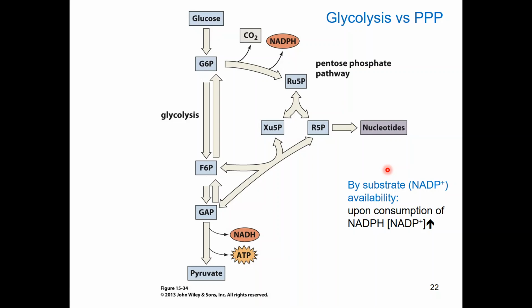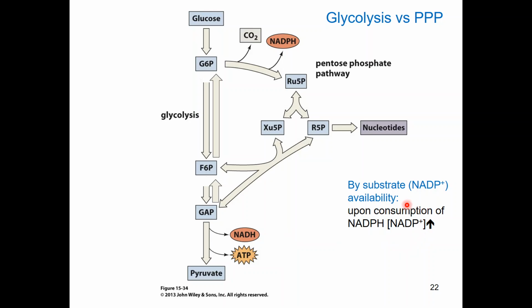But what is the signal that tells the cell to switch between the two pathways? In general, that's substrate availability: availability of the substrate for the first step of the pentose phosphate pathway, the oxidation of glucose 6-phosphate. If we have a high concentration of NADPH in the cell, we don't need to produce more. That's why most of the glucose 6-phosphate is used for glycolysis for energy-generating purposes.